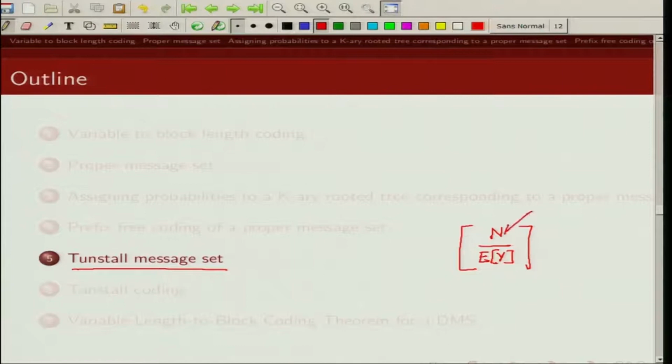This is the output codeword length, this is the input to the block encoder. Because n is fixed, I want to maximize my expected value of Y. So I would like to parse my source into sequences such that my expected value of Y is maximized.